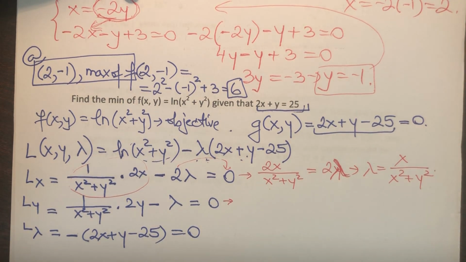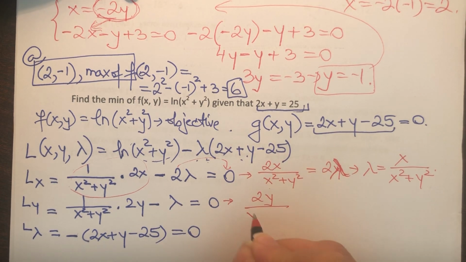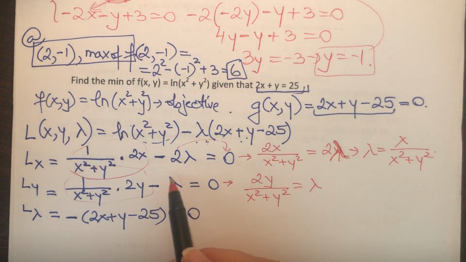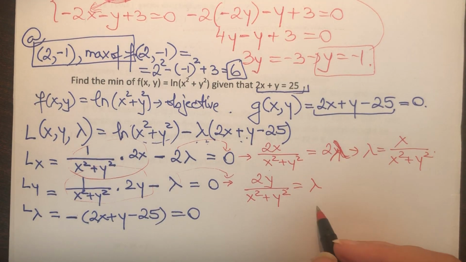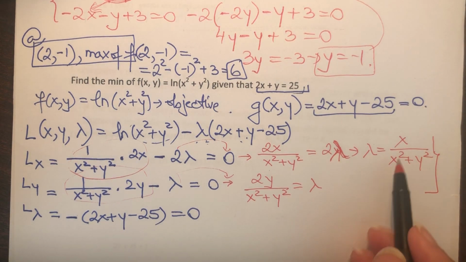Done. Now, out of this equation, pretty much the same, except I have a 2y over x squared plus y squared equals lambda, so just a lambda. So there's nothing to solve for lambda anymore. There's lambda by itself. So combining these two equations, what do I get?